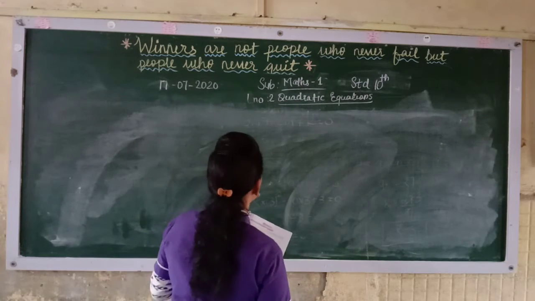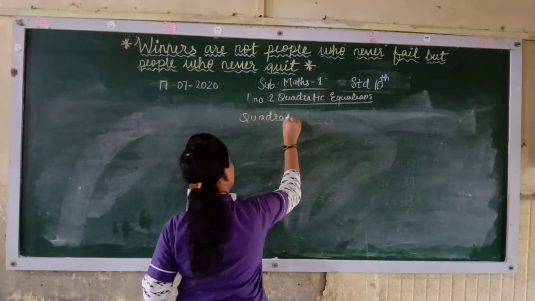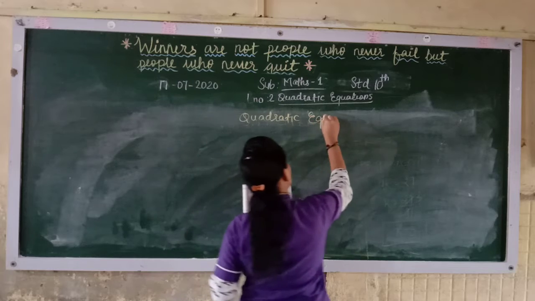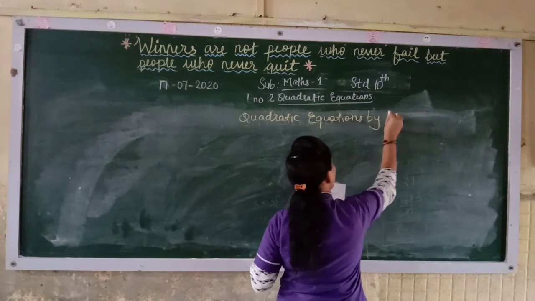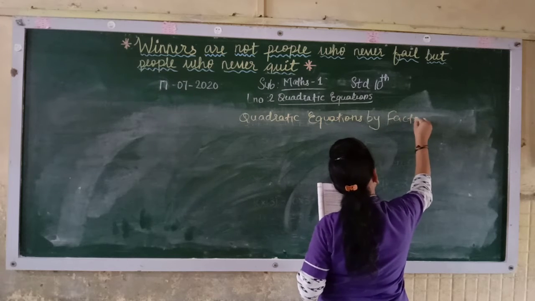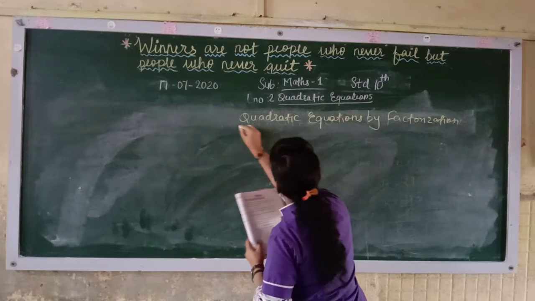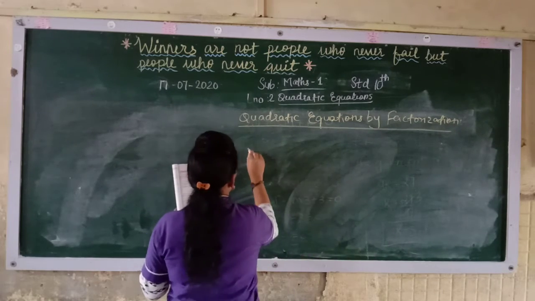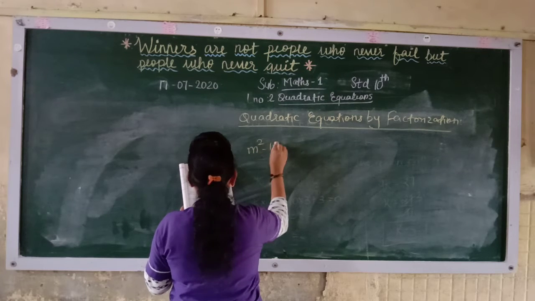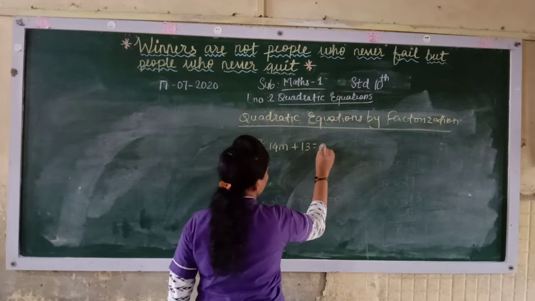Here, now you have to solve the quadratic equations by factorization method. So for that, if your equation is n square minus 14n plus 13 is equal to 0.